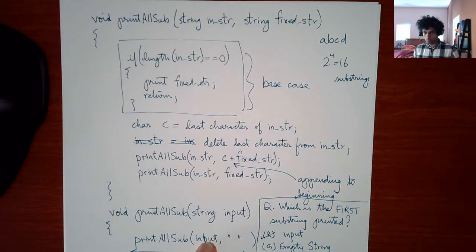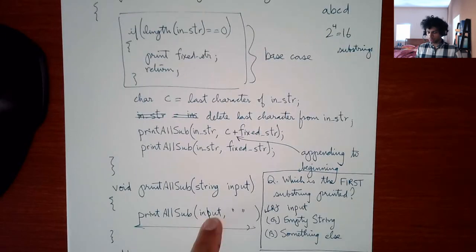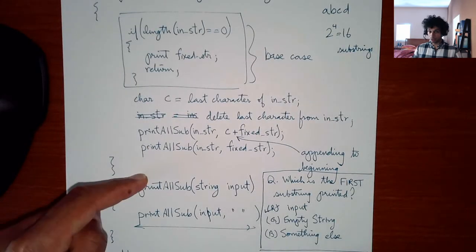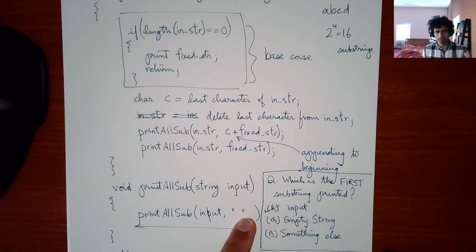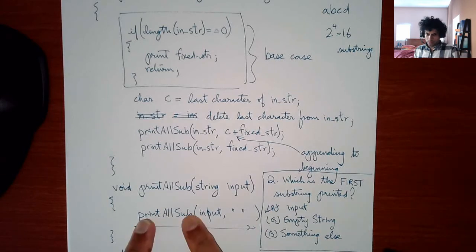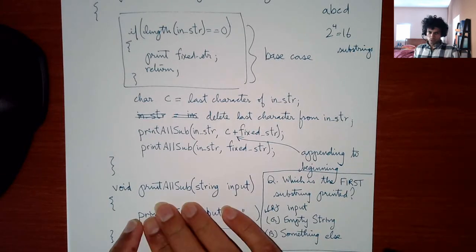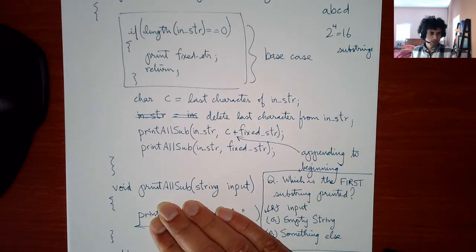I'm sorry, which one? This one? Yeah. This is just a dummy call. This is calling the recursive function with the right parameters? Maybe I'm missing the question here. I don't understand. So, okay, this is the non-recursive function that actually prints all the substrings.